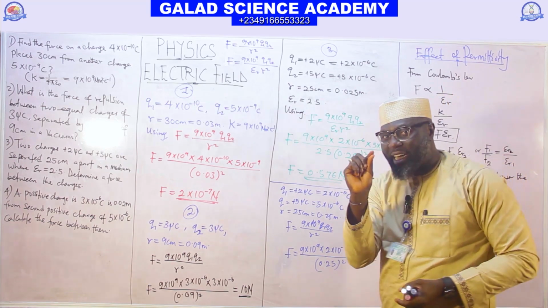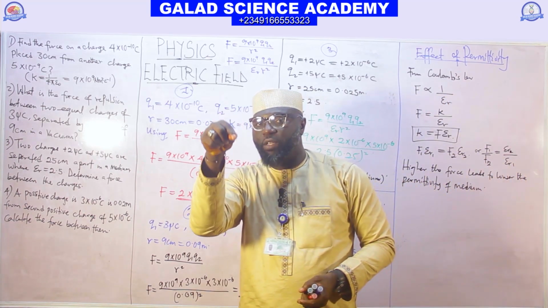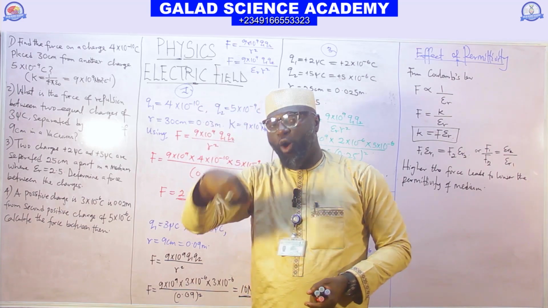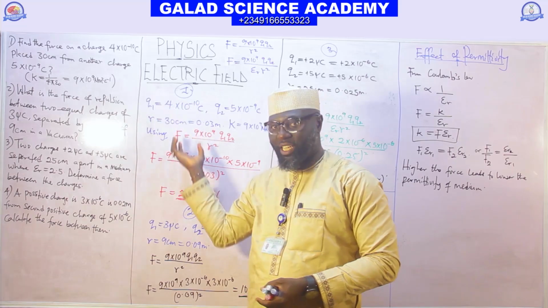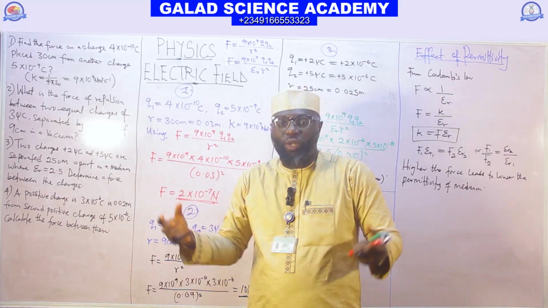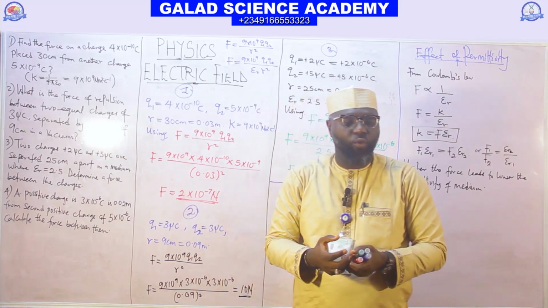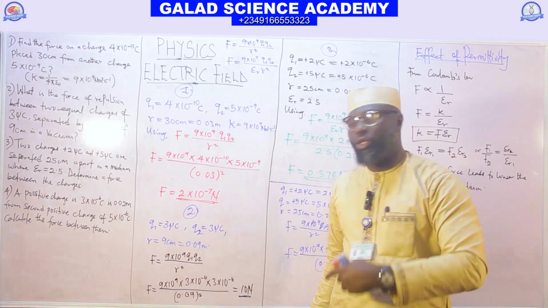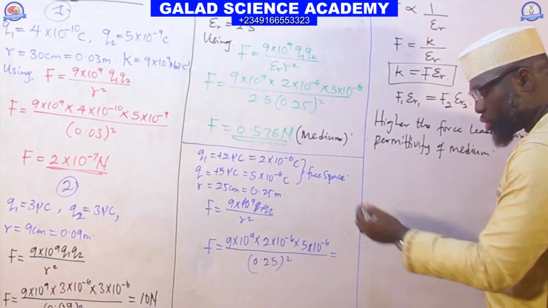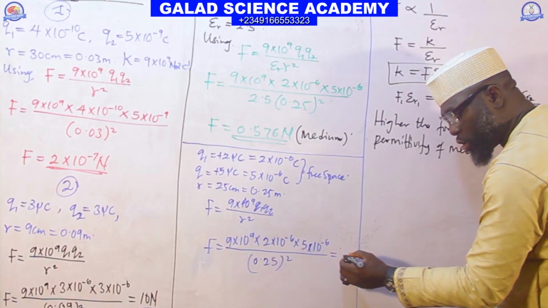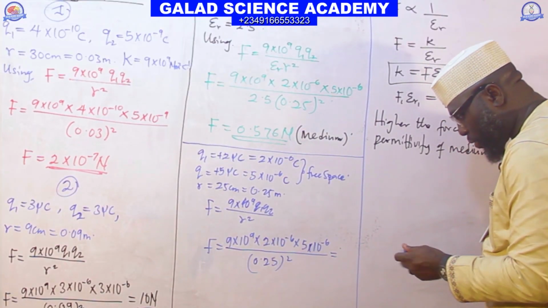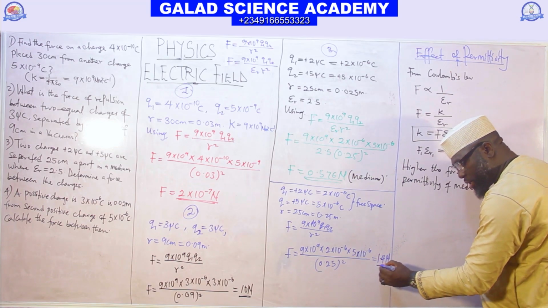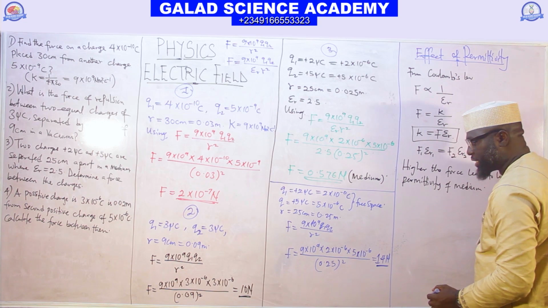So you may ask, what is the effect of a medium or relative permittivity on electric force? It reduces the magnitude of force. So let's press the calculator and check the answer. We have 1.4 Newton.